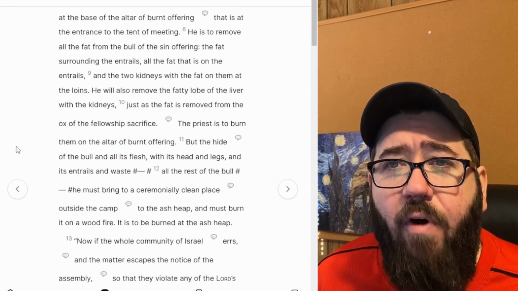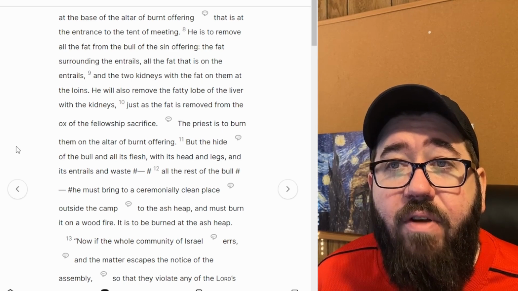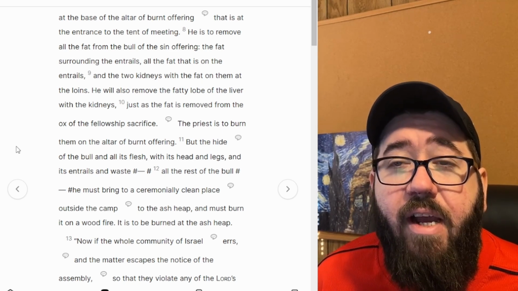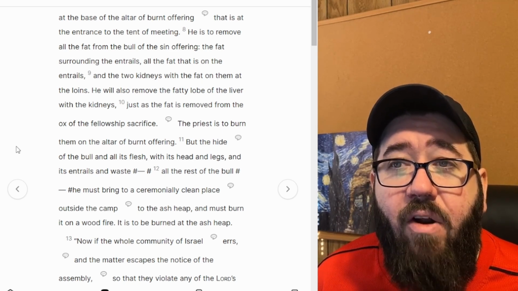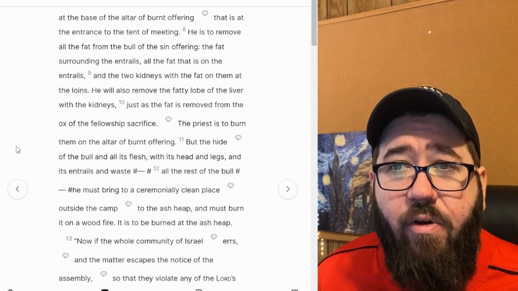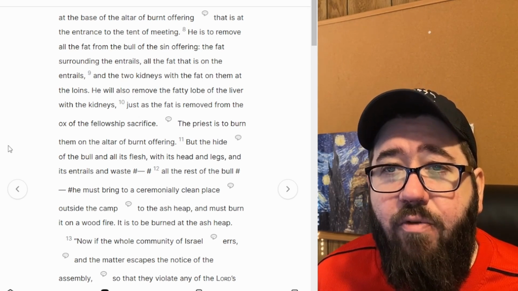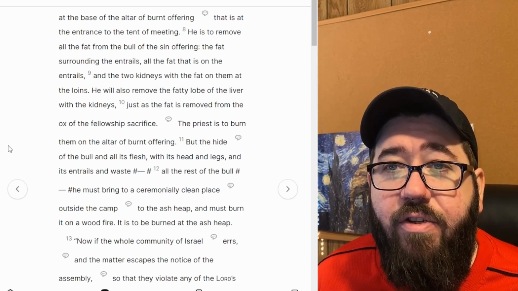He is to remove all the fat from the bull of the sin offering, the fat surrounding the entrails, all the fat that is on the entrails, and the 2 kidneys with the fat on them at the loins. He will also remove the fatty lobe of the liver with the kidneys, just as the fat is removed from the ox of the fellowship sacrifice.